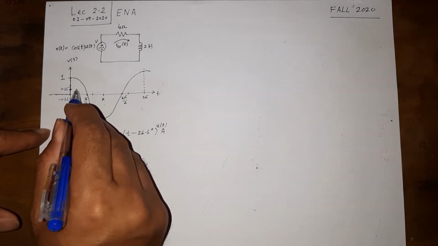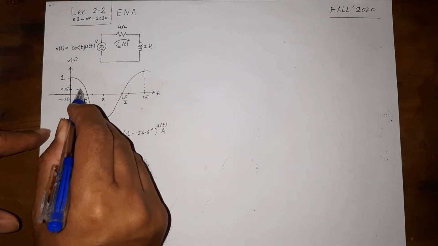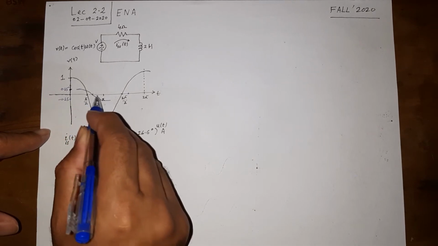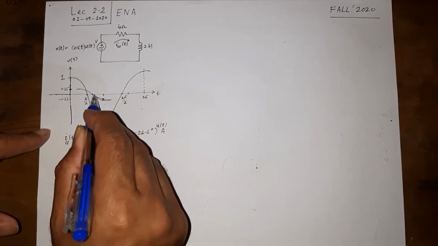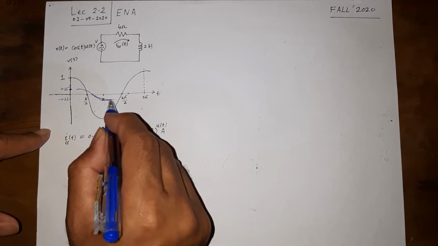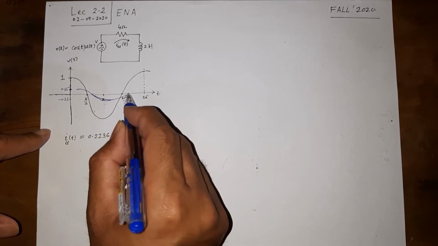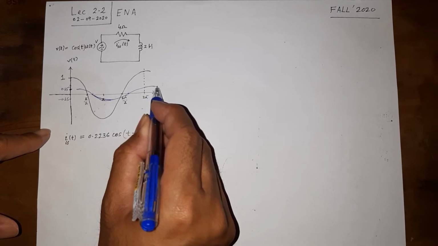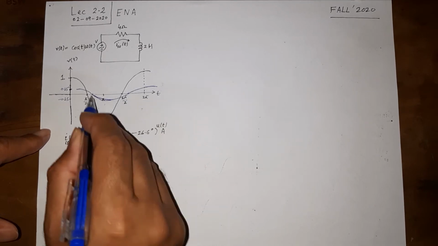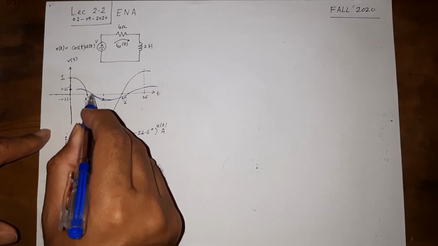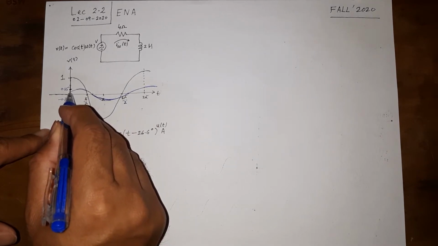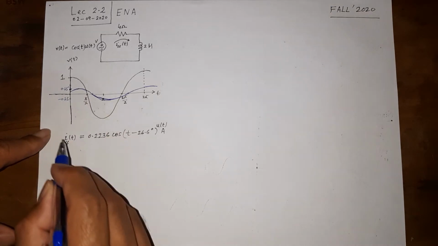So it starts from here, goes down, crosses 0, goes to the minimum value somewhere here after pi, and then crosses here, then goes to the max somewhere here, and then drops down. You see, so it is a delayed cosine wave, and it comes back like this.